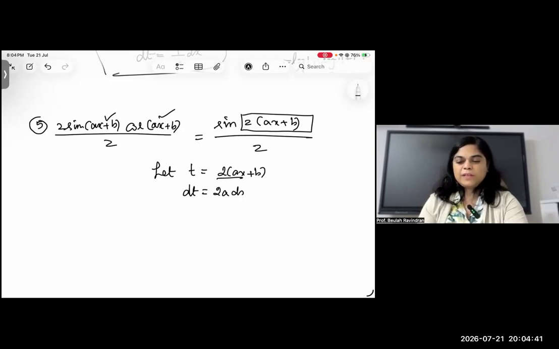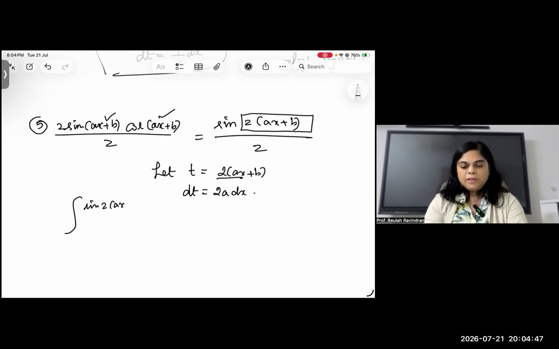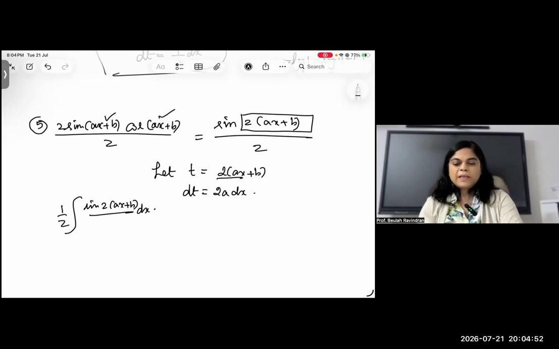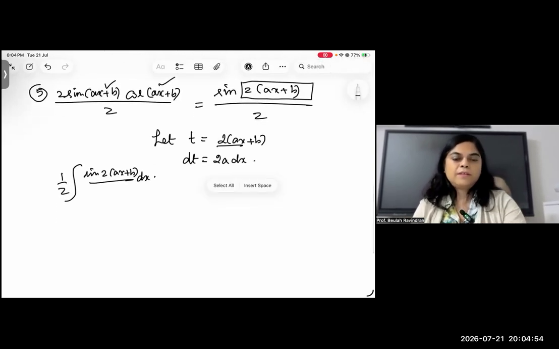So if you simply differentiate, sine 2 of ax plus b by 2 into dx, so dx can be written as dt by 2a.